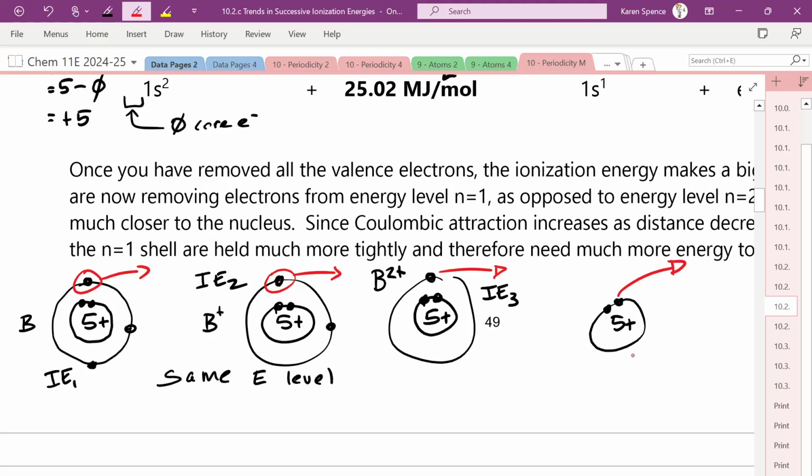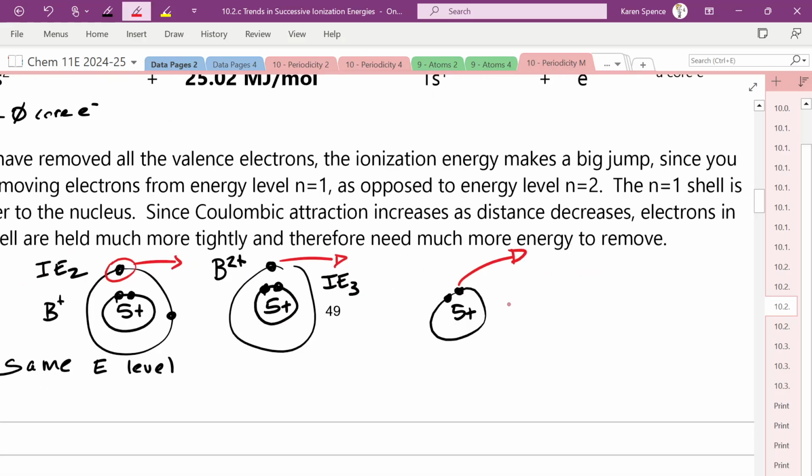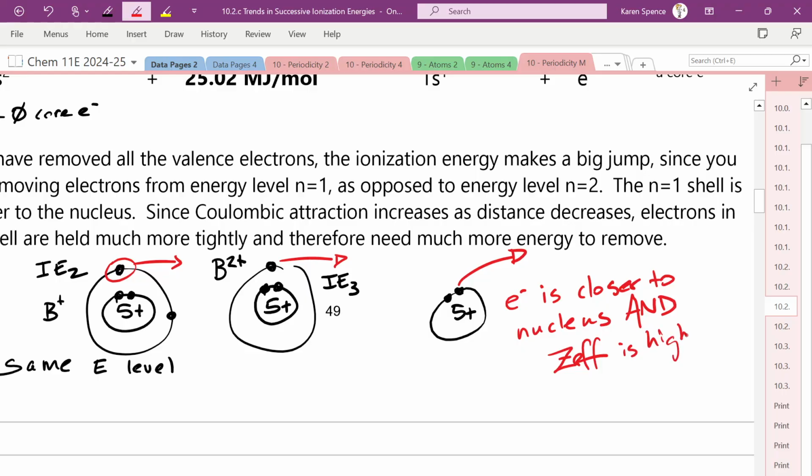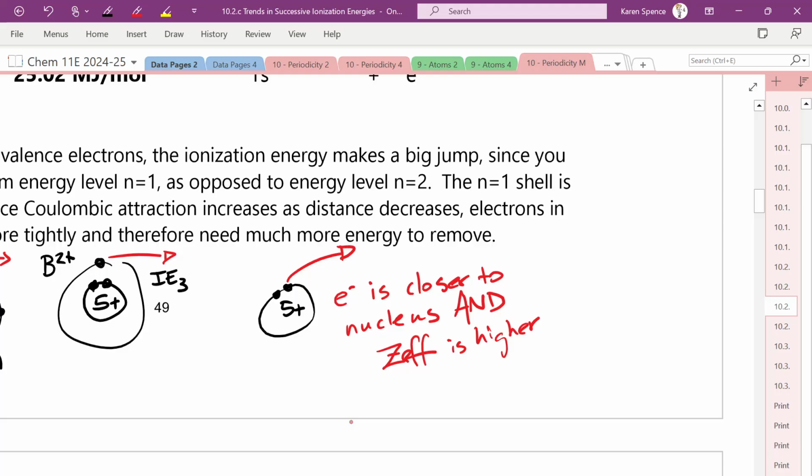So we are both much closer to the nucleus and the Zeff is higher. And for those two reasons, the Coulombic attraction is greater, and so ionization energy is higher.